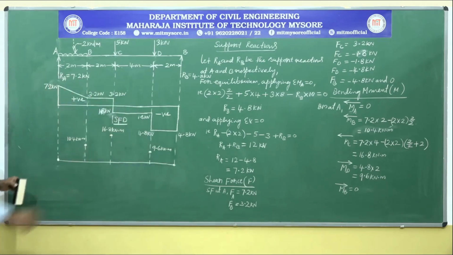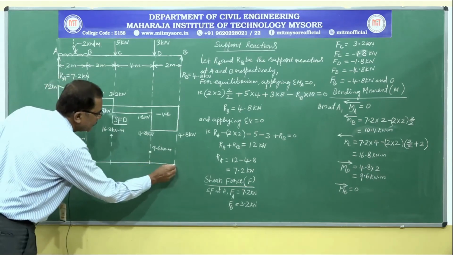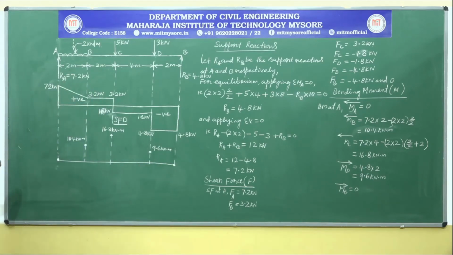So let us mark these points boldly with a dot so that we can easily recognize the points. After marking the values, let us draw the bending moment diagram by following the procedure which we already discussed.